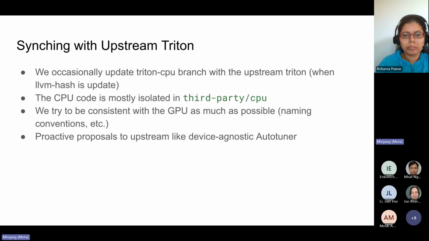But when it comes to the autotuner, there will be some bigger changes. So we are proposing right now a better way to make the autotuner device agnostic. Once we implement it upstream first, we can also backport it to Triton CPU, which will make merging and future maintenance much easier.